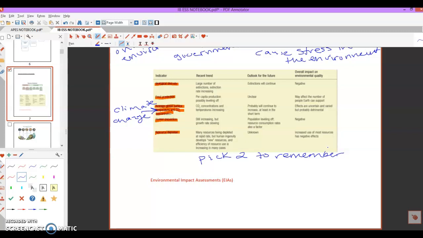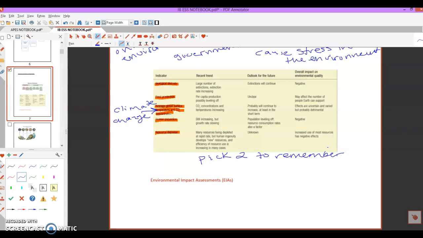Now, when we look at environmental impact assessments, we need to have a way to measure the impact on the environment when we are developing certain things.